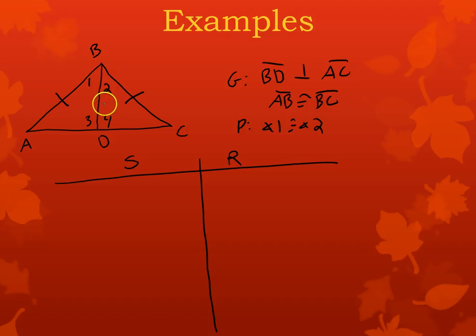So the only other way is that these two angles are in the same spots in both their triangles. So if I could show the two triangles are congruent, I could then say that the angles are congruent because they're corresponding parts. So we'll start with our given statements.